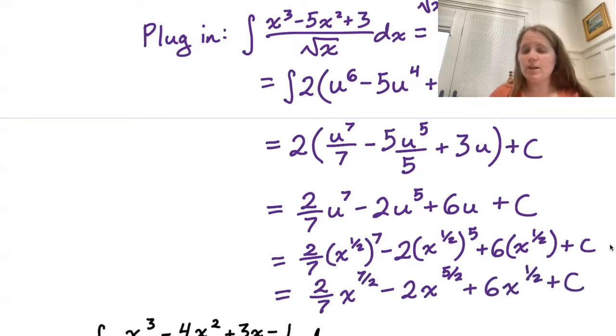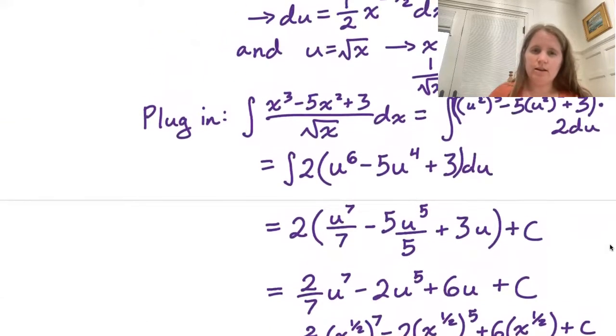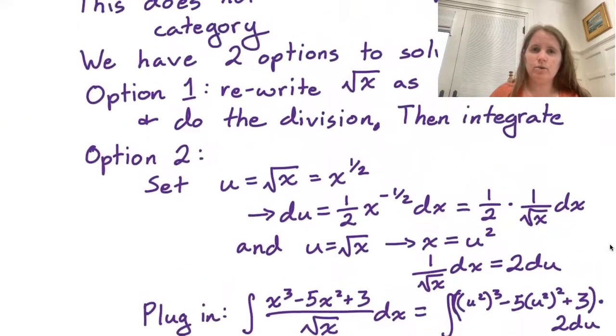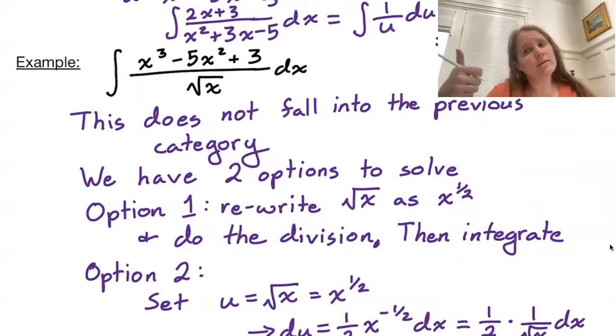So this is a not so pleasant way of doing what we could have done previously. If we did just simple division, x to the 1/2, x cubed over x to the 1/2 is x to the 5/2. Integrate that, we would raise the power to 7/2, divide by 7/2.